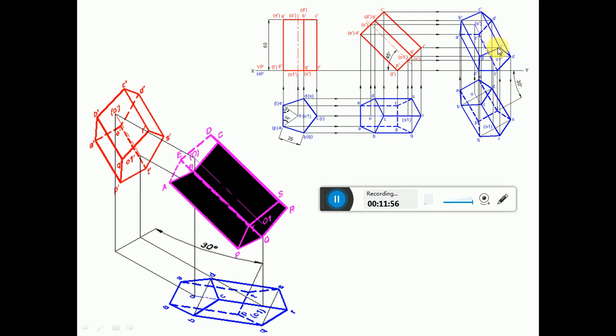Since R dash C dash is visible, E dash D dash is crossing that edge C dash R dash, so obviously E dash D dash becomes invisible. Since B dash Q dash is visible, and E dash is crossing that edge, E dash becomes invisible.